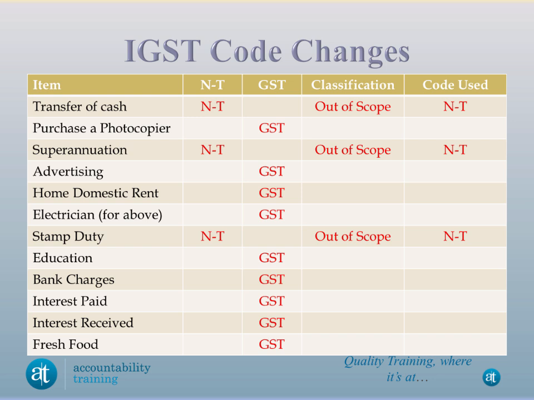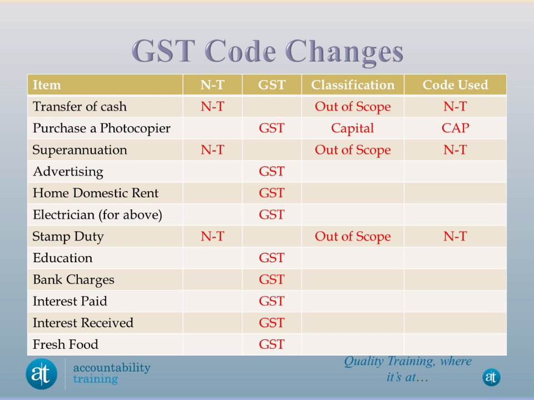Moving back to the purchase of a photocopier, we recognise this is the provision of goods and would normally be given a GST code. The reporting requirements stipulate that purchases of capital items must be reported at G10 on the business activity statement.